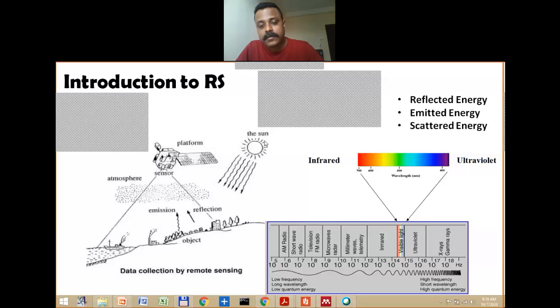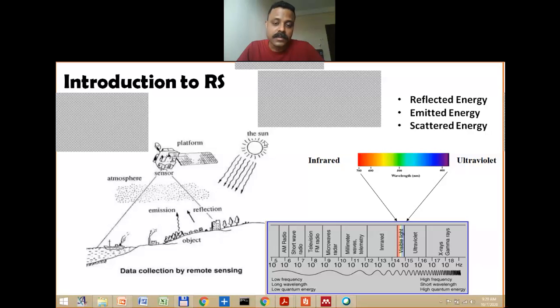Further, we learned that when the sun is emitting radiation or energy, it radiates energy not only in one particular wavelength but in a range of various wavelengths.